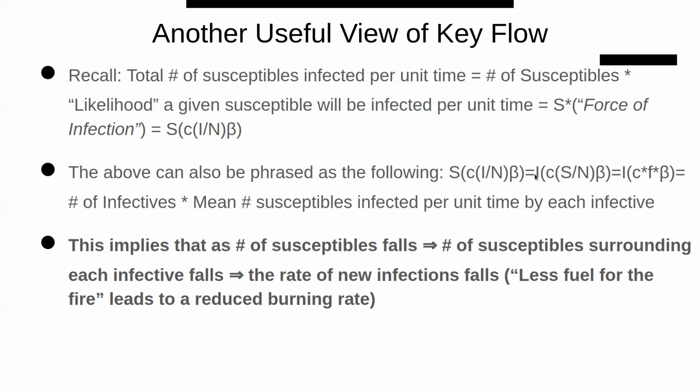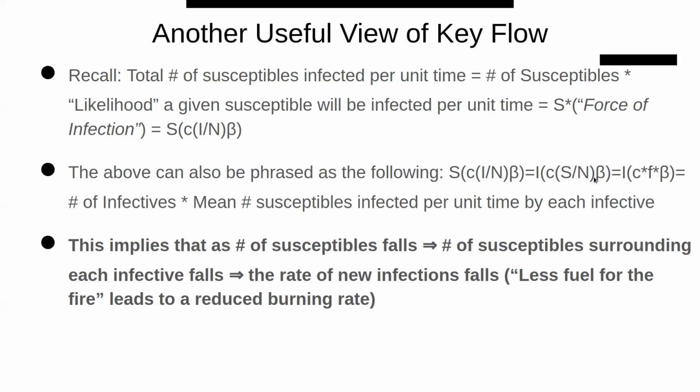So each infective is coming into contact with C total people per day, but only a fraction of them, S over N, are susceptible. So they're coming into contact with C times S over N susceptible people per day. And for each of those susceptible people that this infective comes into contact with, they have a probability beta of infecting that person.